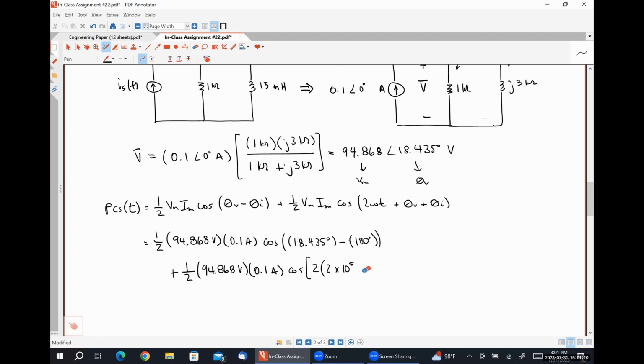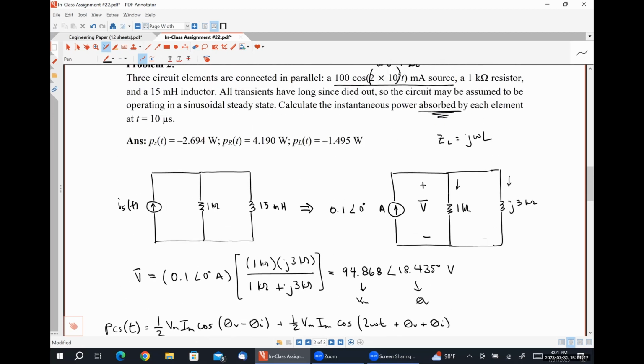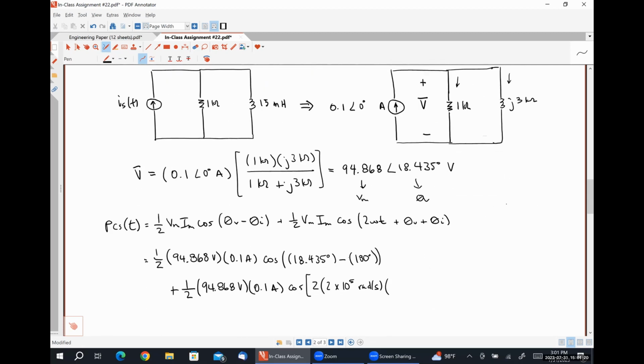I'm going to be explicit here and put this as radians per second because we're multiplying by a specific value in time, 10 microseconds, right? So 10 microseconds is 10 times 10 to the -6 seconds. And then out over here, we're going to have theta V 18.435 degrees plus theta I 180 degrees, and close this off.